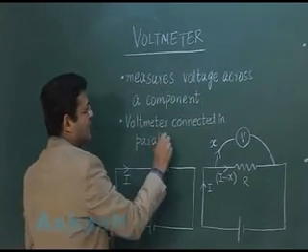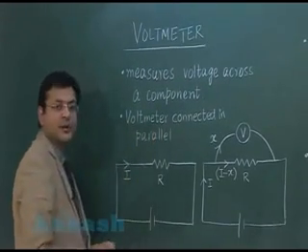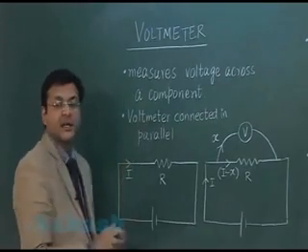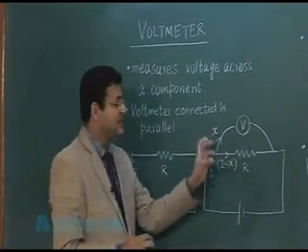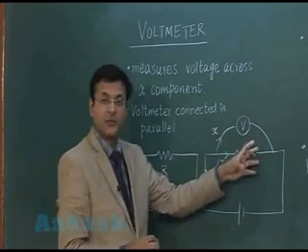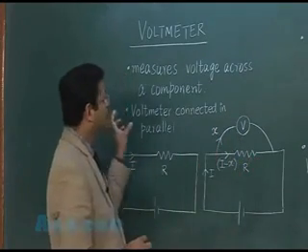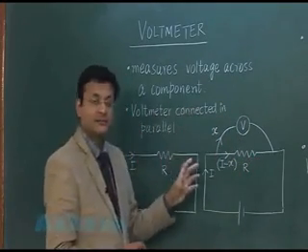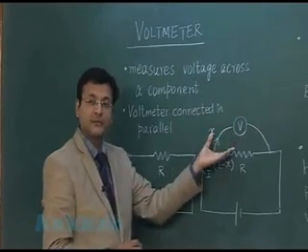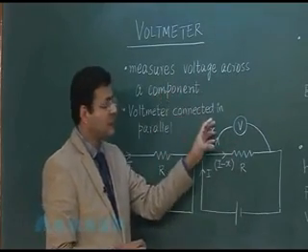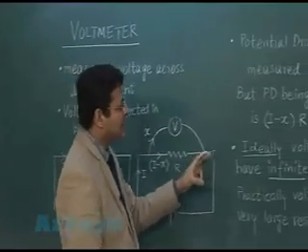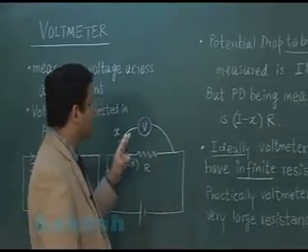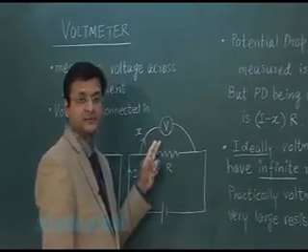You understand? These are the main points you have to remember. That a voltmeter will measure potential drop across a component. It measures potential drop across a single component. Voltmeter should be connected in parallel. The ammeter was in series, the voltmeter will be in parallel. And the third main point is that ideally the resistance of a voltmeter should be infinite.